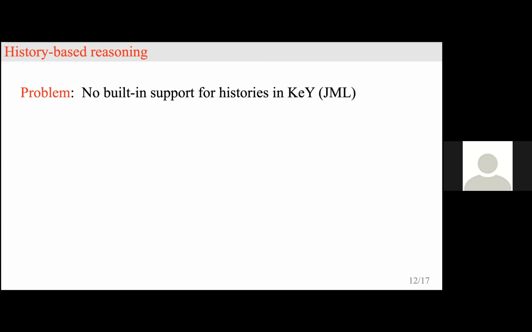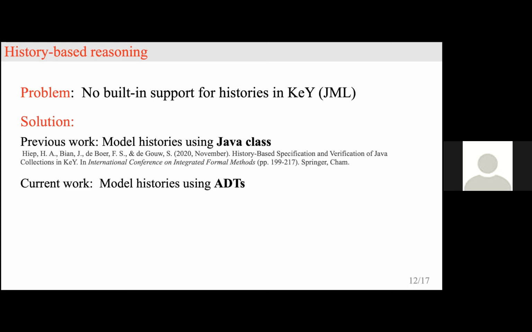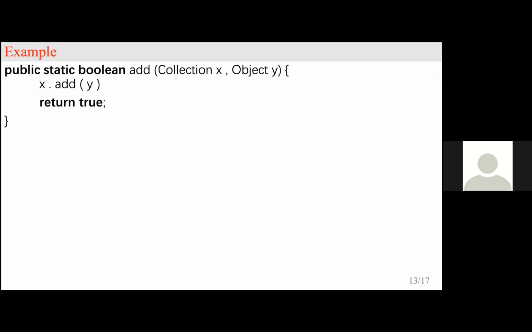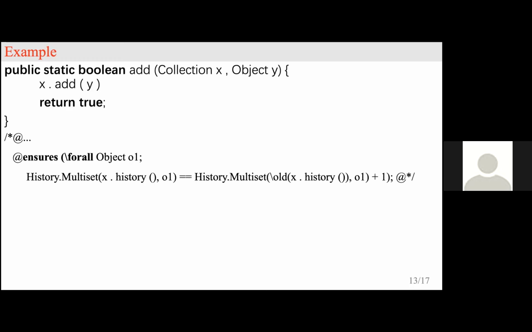But the problem is that we have no built-in support for histories in KeY. This history here is our own, and the solution from the previous work is that we model histories using a Java class. But now we can introduce ADTs in our work. Here we give a very simple client-side example of add. If we want to add the object Y into collection X, and the return value is true, in our previous approach we model histories using a Java class, so we say that history.multiset add 1.